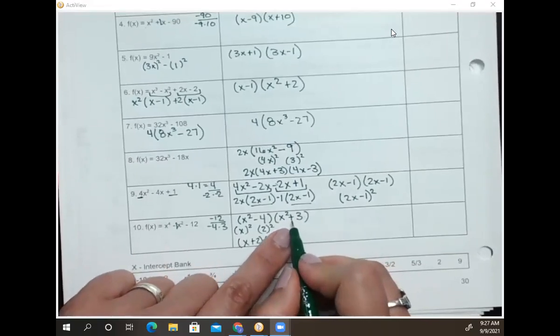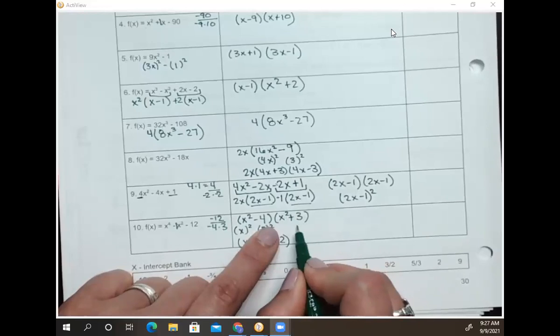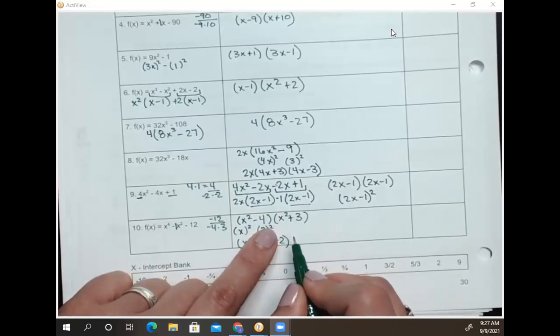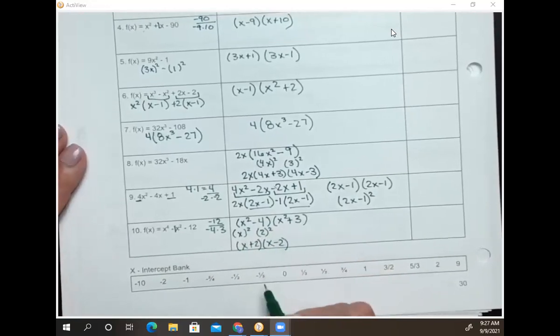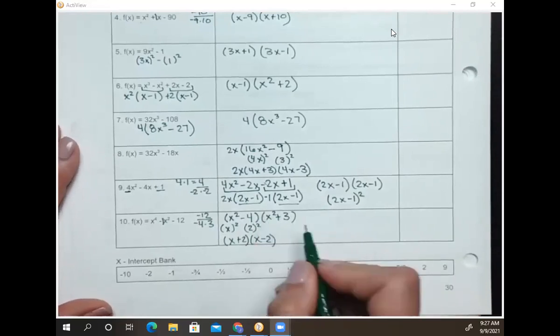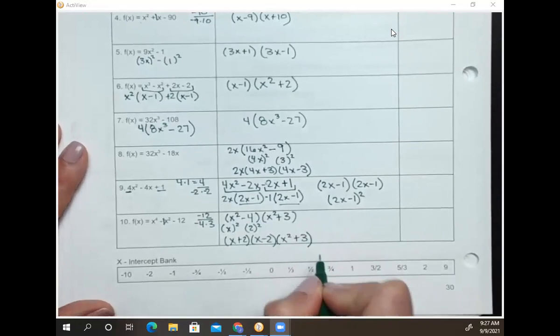Now, how about this other guy? 2 terms, even degree. Can I factor this guy some more? Ooh, I've got mixed answers on this one. Yeah, not subtraction, right? This is not a difference. And then 3 is also not a perfect square. So I'm stuck with x squared plus 3. So we'll just drop it down here to be part of our final answer.